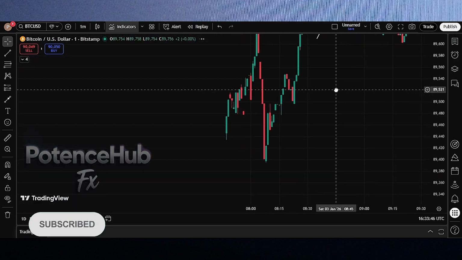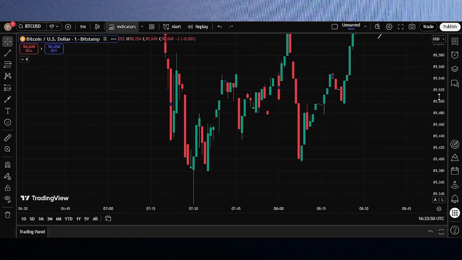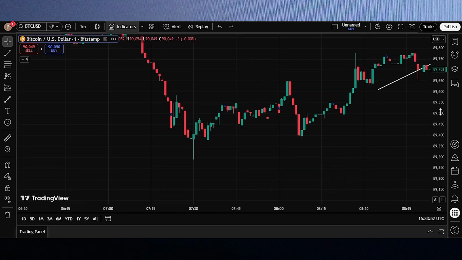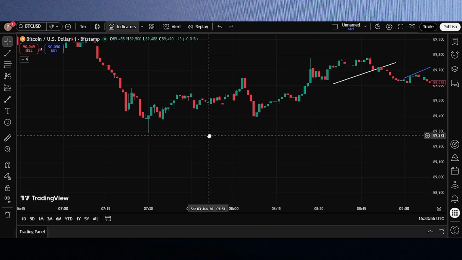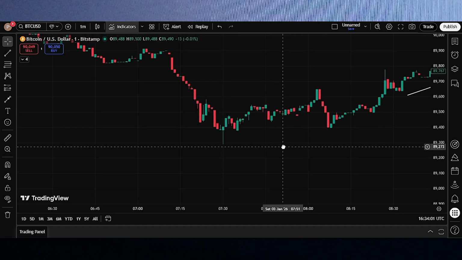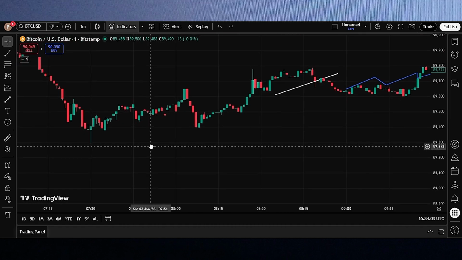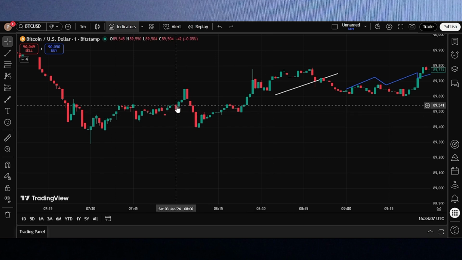All right, so this is the chart for you now. Let's assume we're making use of this particular Bitcoin chart. It has lots and lots of breakouts, as you can see right here. So let's make use of any of the breakouts. Let me look for a better opportunity. Okay, take for example, this is a bearish breakout, as you can see right now.